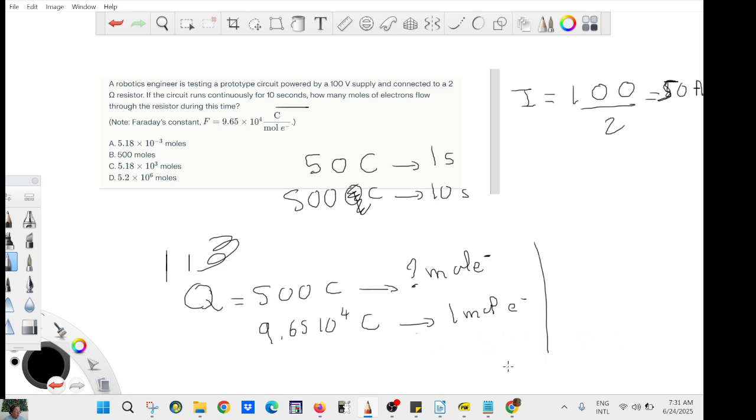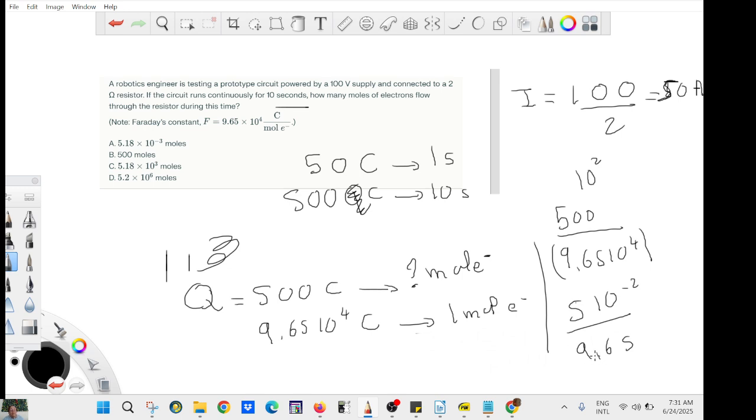So the answer will be 500 divided by 9.65 times 10 to the 4. So this is 10 to the second here. So I have 5 times 10 to the 2 divided by 9.65, which is about 10.